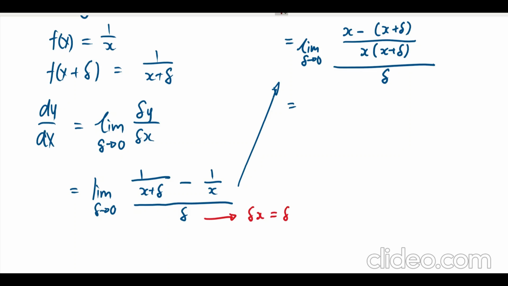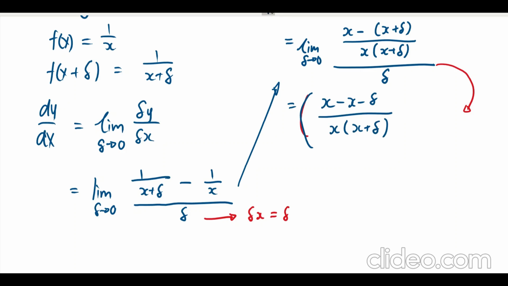So this longer over, we will treat it as a divide. So my numerator would become x minus x minus delta, over x(x plus delta).